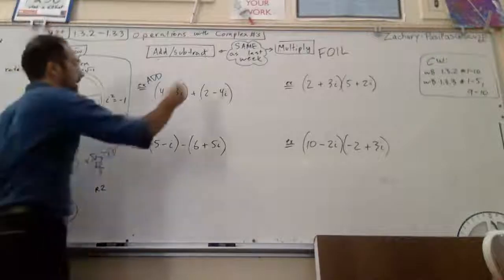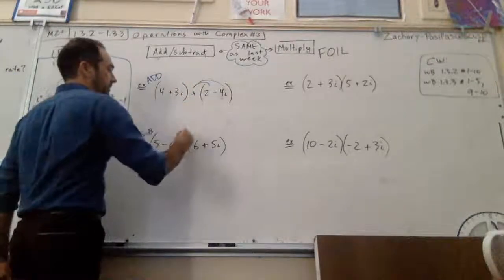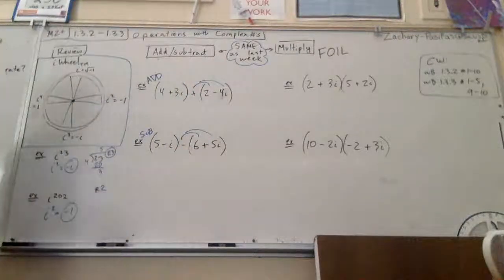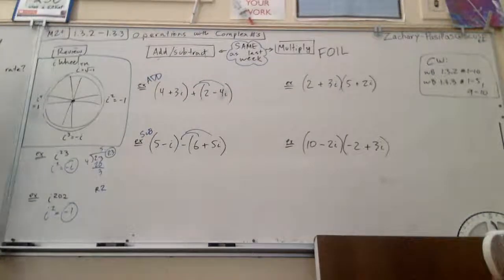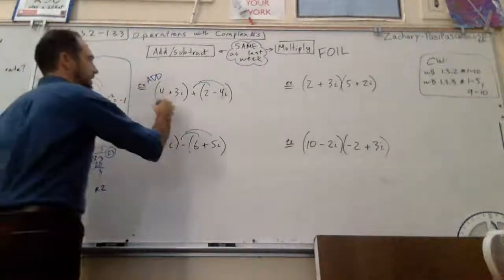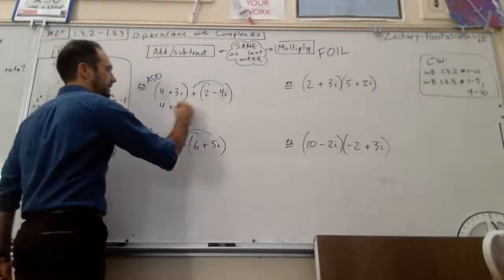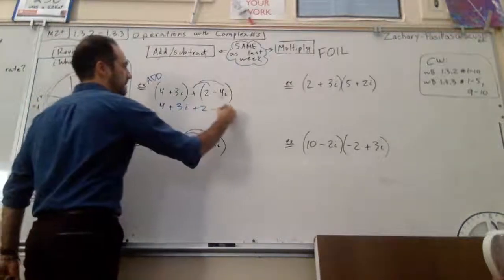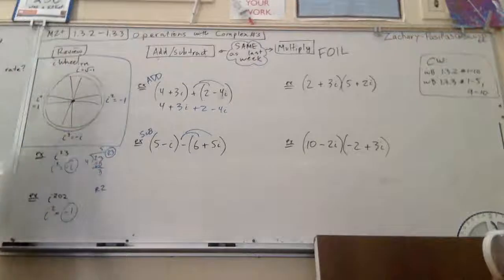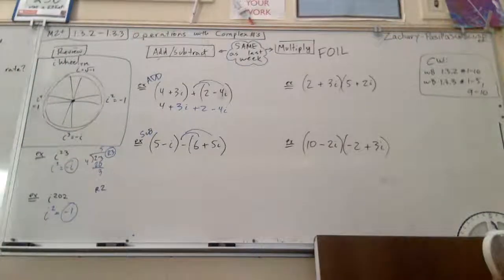You could think, I'm always going to distribute. That's helpful to just say, in my mind, I always distribute, but when you distribute a positive, you don't change any of the signs of those terms, so it just ends up being this long line. I want you to combine those, put it in the complex number form, with the real number first. So go ahead and combine them real quick.